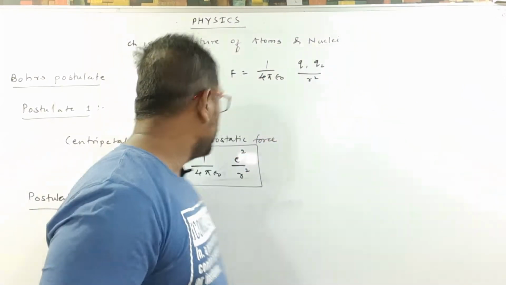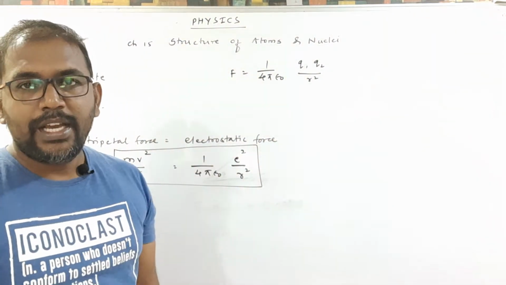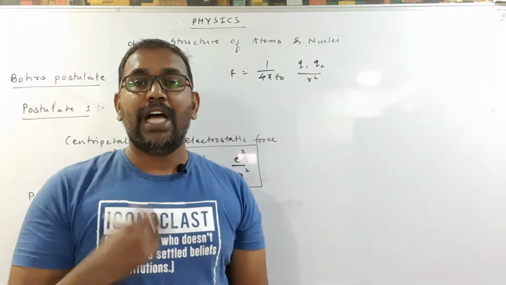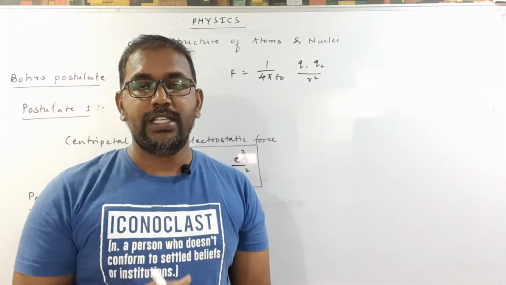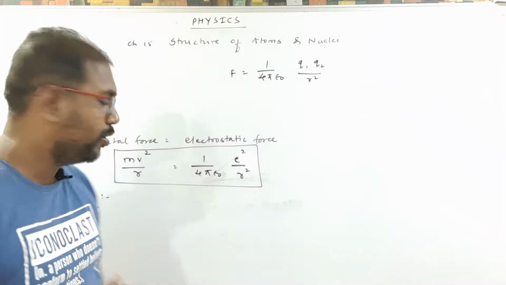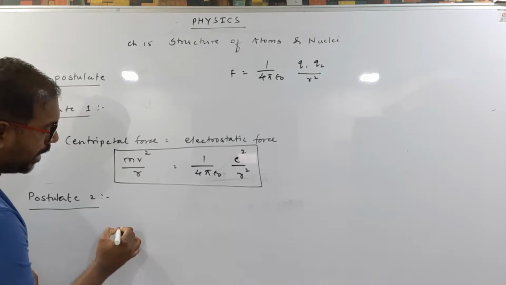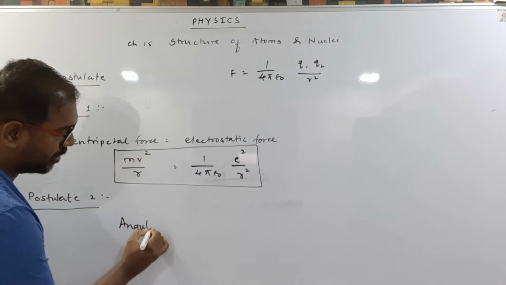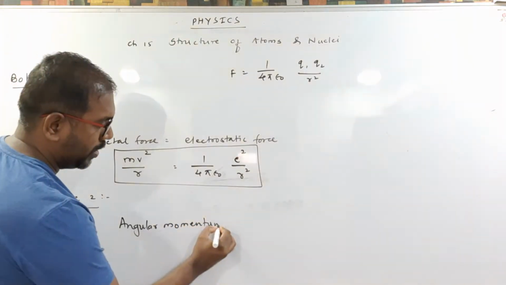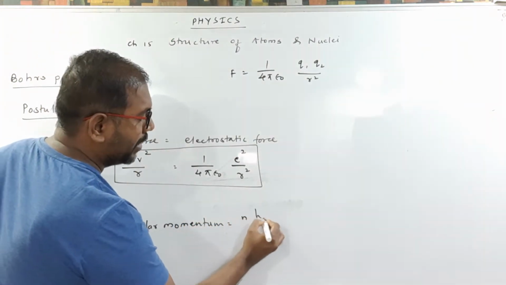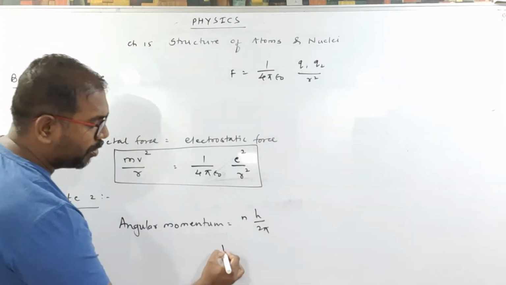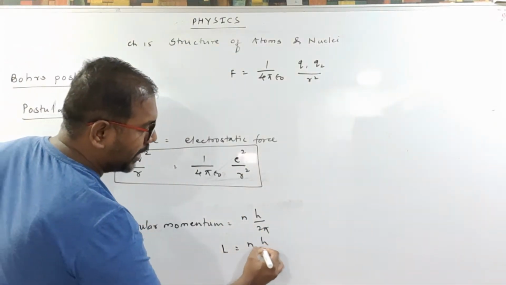So listen, postulate 2: an electron revolves without radiating energy only in those orbits for which the angular momentum is an integral multiple of h upon 2 pi. So I can write the angular momentum L is equal to n h upon 2 pi. We can also write the angular momentum as m r v. So we get m r v is equal to n h upon 2 pi.